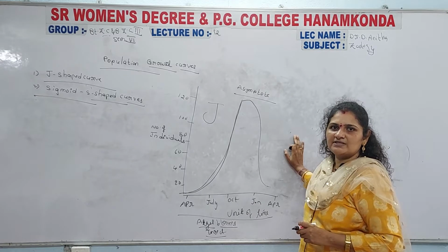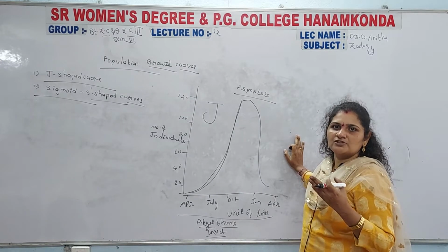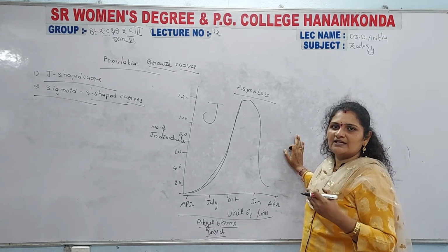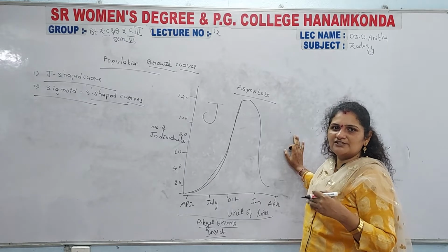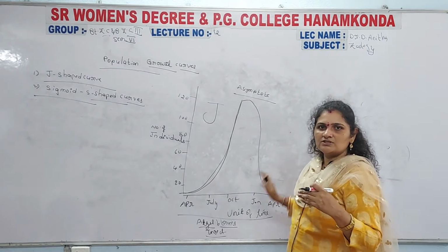So first, what happens is that the population increases rapidly. A rapid growth of population occurs when favorable conditions are available to every population, then immediately the reproductive rate is greatly increased.